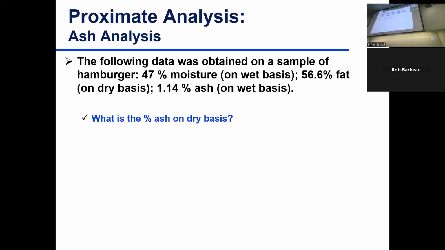When we say calculate on dry basis, it's the amount that you have on wet basis relative to the dry matter, times 100. So you have 1.14% divided by your dry matter percent, times 100, which gives you 2.15.